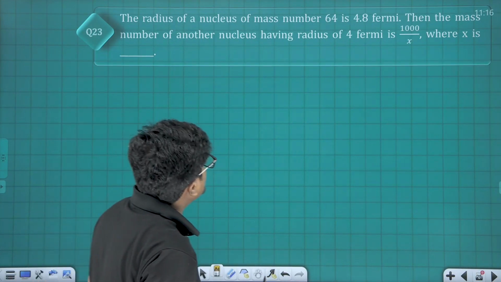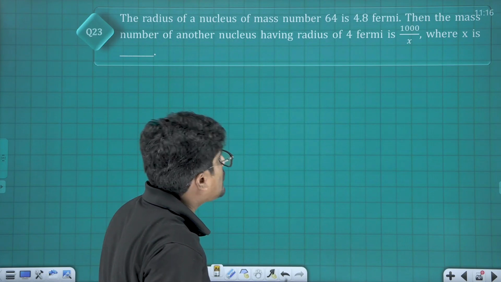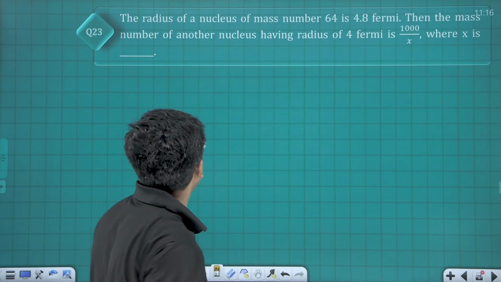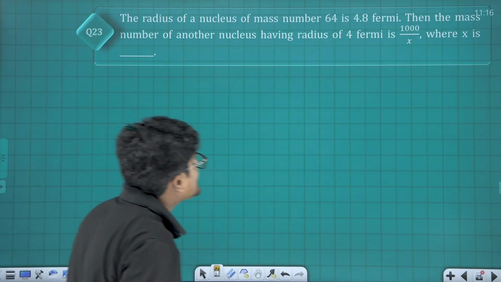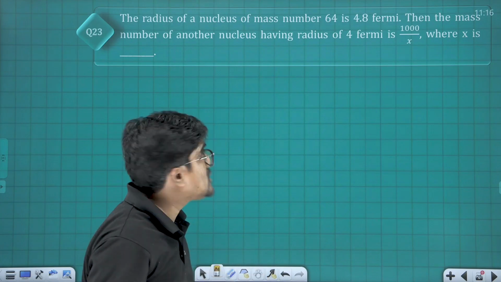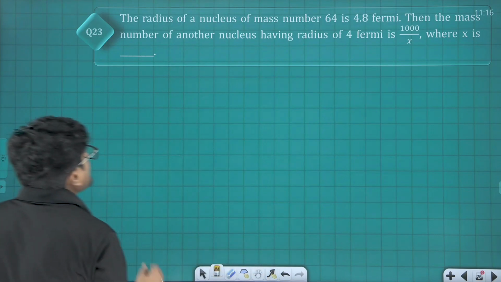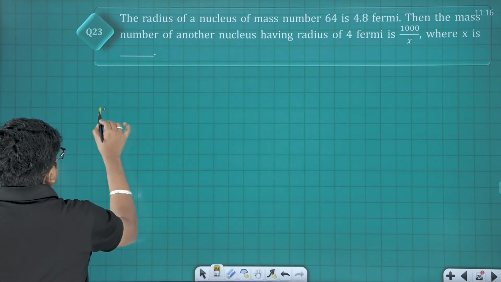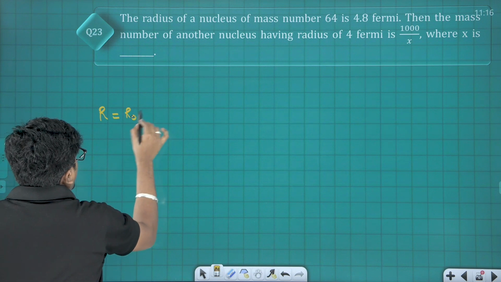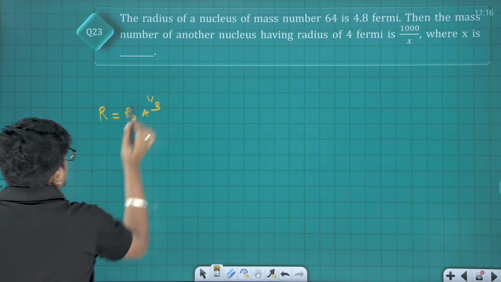Okay, here comes the next. The radius of a nucleus of mass number 64 is 4.8 Fermi. Then the mass number of another nucleus having 4 Fermi is 1000 by x, where x is? We know the general expression R equals R naught A raised to 1 by 3.